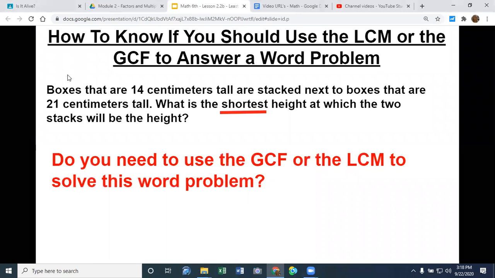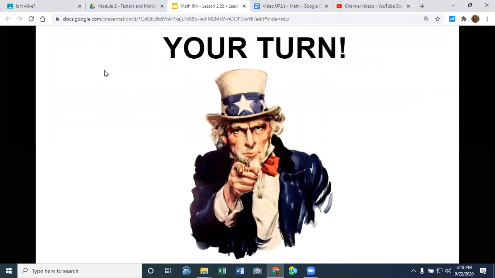Do you need to use the GCF or the LCM? That one's the least common multiple problem. Did you get it? Keyword shortest? Okay, good. Okay, I'm going to give you a word problem and you're going to decide to use the LCM or the GCF. See you back in a moment.